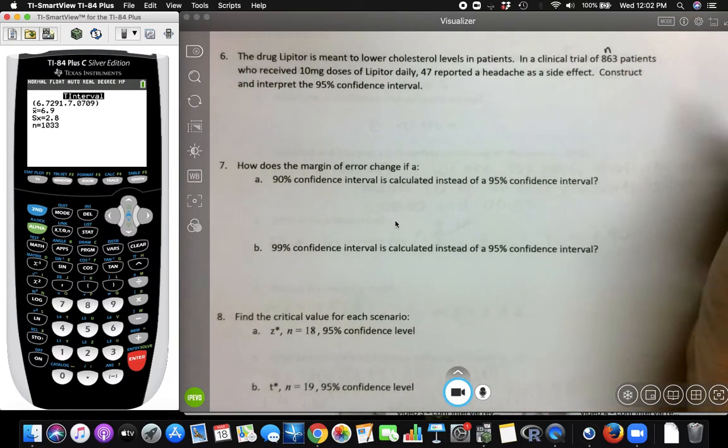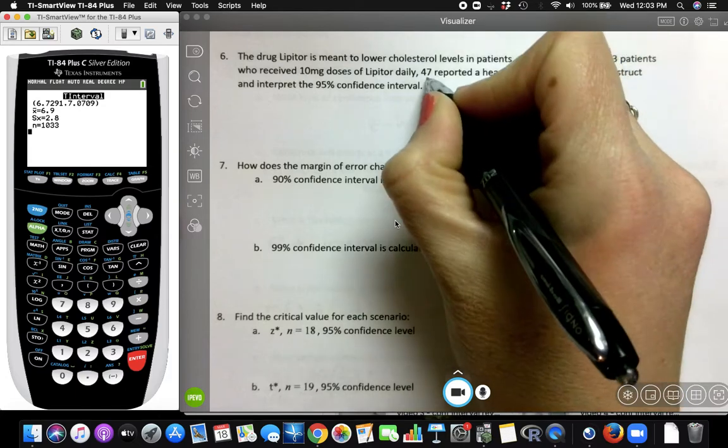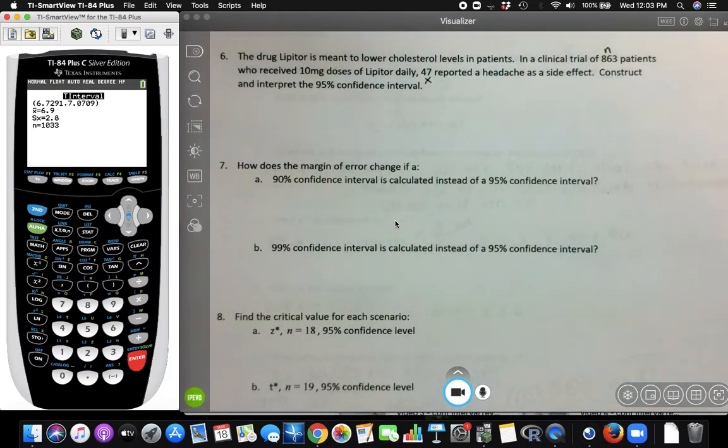Okay, so we have 863 patients who received 10 milligram doses of Lipitor daily. 47 reported a headache. Construct and interpret the confidence interval. So because x and n are all we have, that is a one prop z interval.